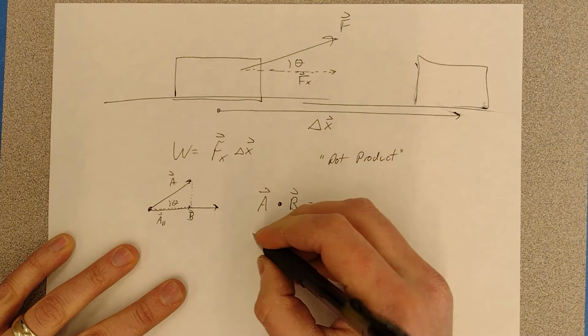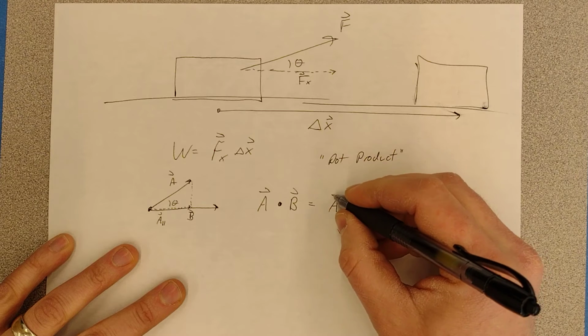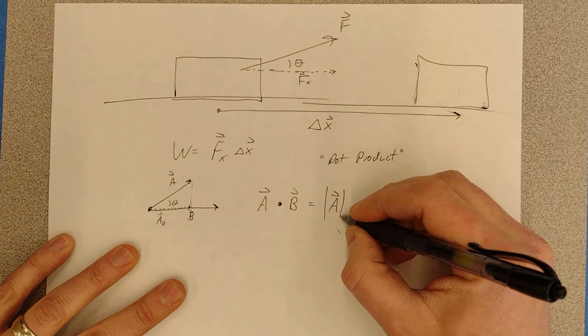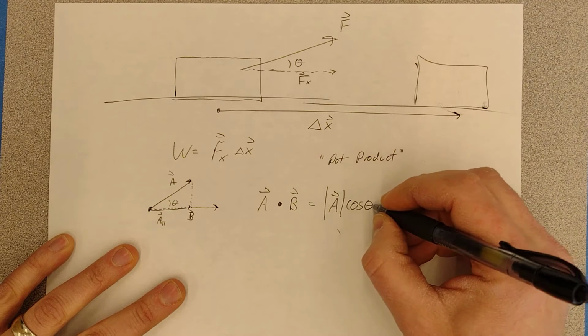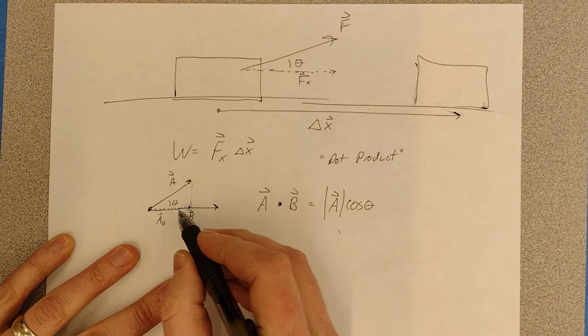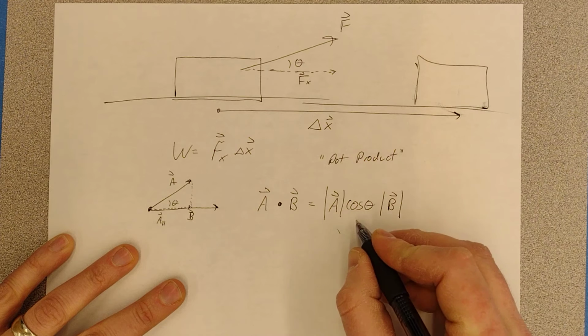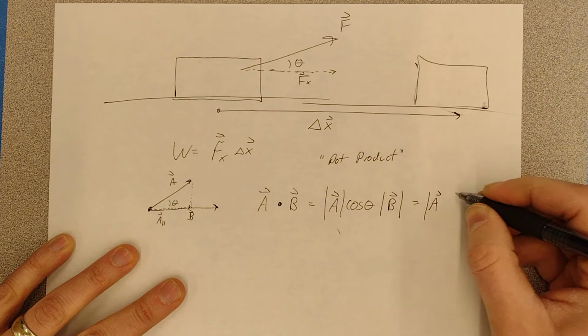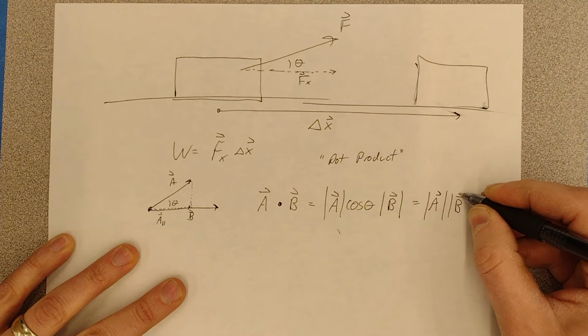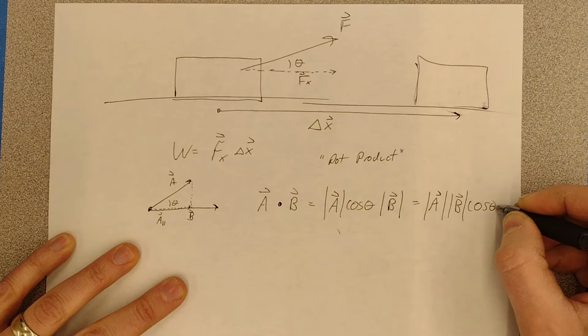Well, that is going to be A times the cos of theta. That's going to be that component times B. We usually write it as A, to make it look a little neater, B cos of the angle between them.